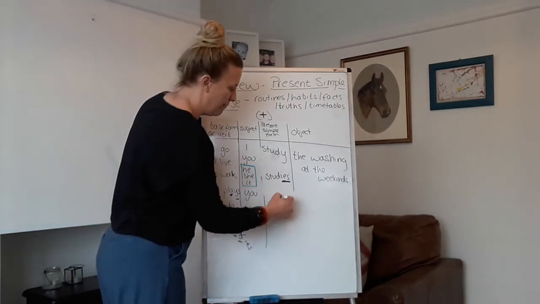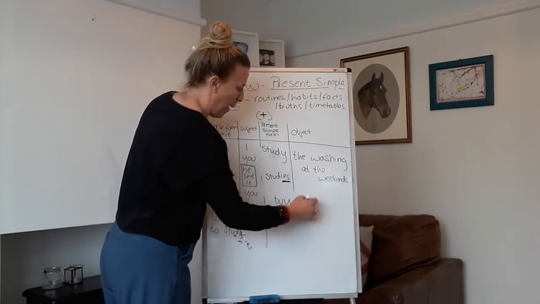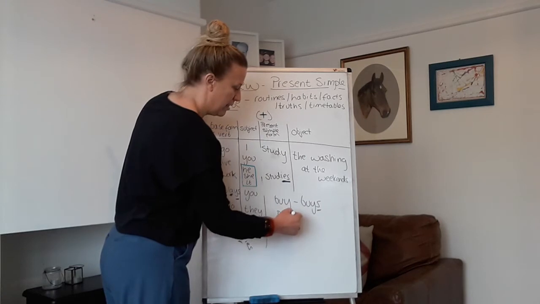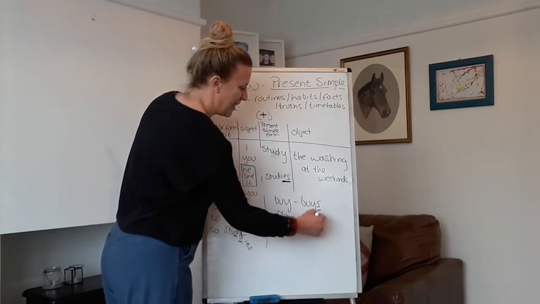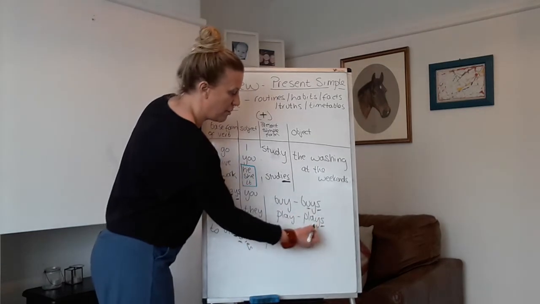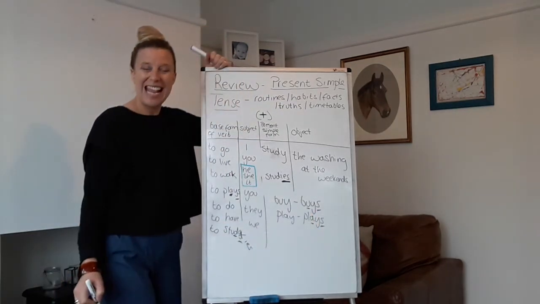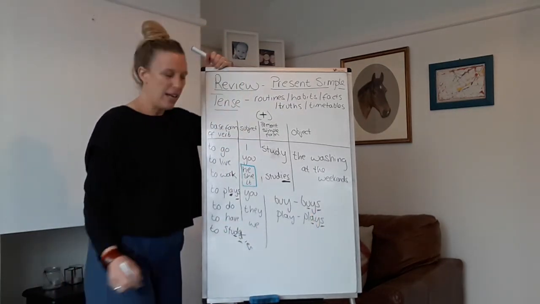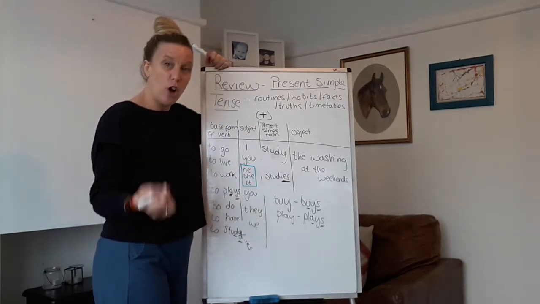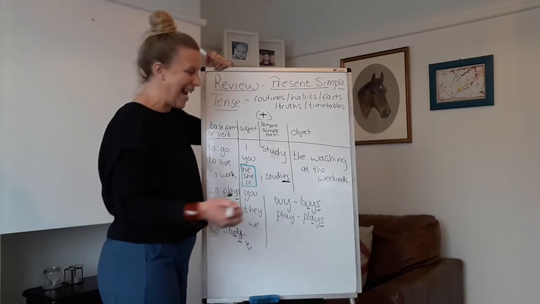So buy becomes buys, play becomes plays. We just add s because there's a vowel before the y, a, e, i, o, u. Okay? But if there's a consonant before the y, we drop the y and add i-e-s.